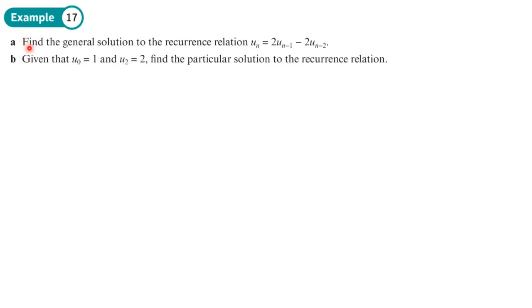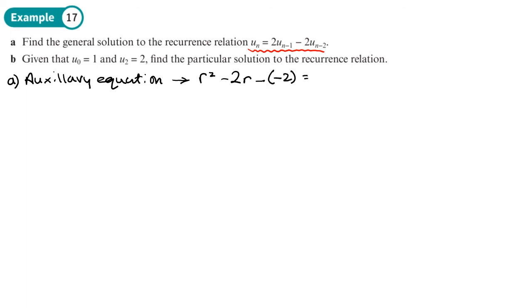Okay, so in this question we want to find a general solution to this recurrence relation. That's part A, and part B is finding a particular solution, because I can see some initial conditions. So we start by finding the auxiliary equation, and that will be r squared, my value of a is 2, so minus 2r, and then the value of b is negative 2, so we need to be careful, it's minus negative 2.